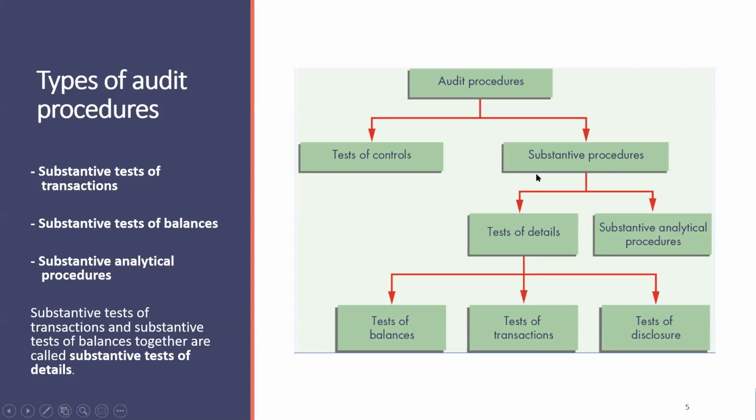I just give you this graph as a summary of the audit procedures, including test of controls and substantive test procedures, but we focus on the substantive procedure part. If we look at the substantive procedures, it includes test of details and substantive analytical procedures. In test of details, we have test of balances, test of transactions, and test of disclosures here.